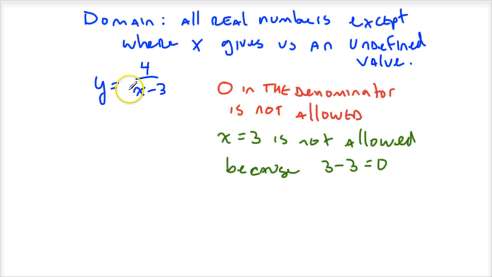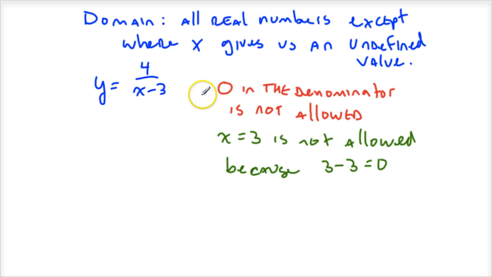So if I were to ask you the domain of this relation, you would say all real numbers except for where x gives us an undefined value. So you would say all real numbers except for x equals 3. And we'll talk in class about some ways to write that, like using set builder notation, that sort of thing.